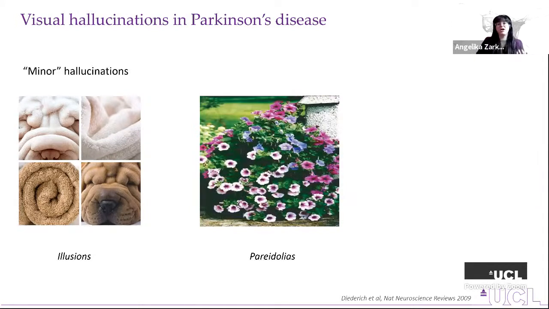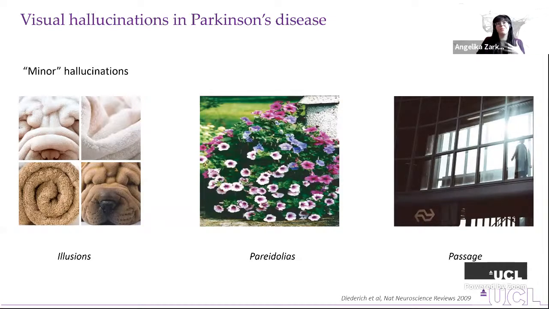But in people with Parkinson's disease, it happens much more, and they may even perceive faces even if the object itself doesn't really look like a face. For example, these flowers were perceived consistently as staring faces by a 74-year-old patient with Parkinson's disease. Another common minor hallucination is passage hallucinations, where you can see a shadow moving in the periphery of your vision.